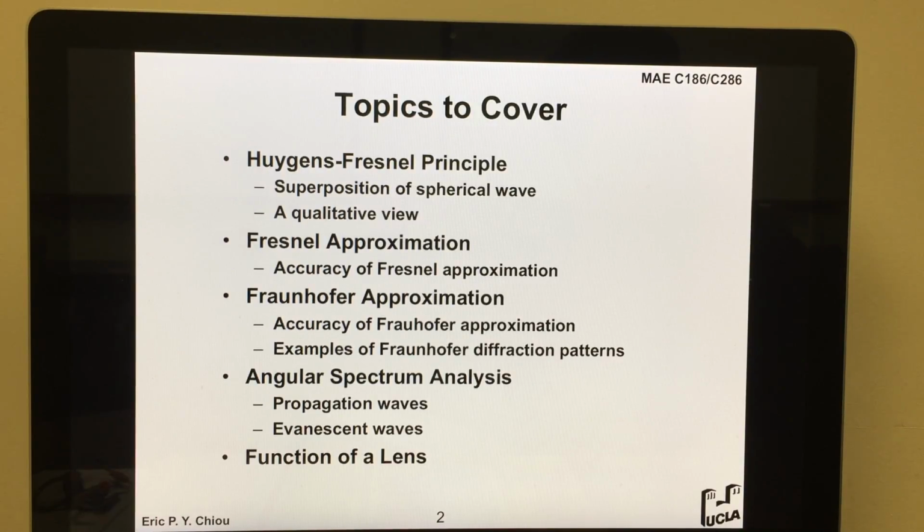Okay, and so we talked about the Fresnel approximation and the Fraunhofer approximation. So briefly, that is what we discussed on Monday.